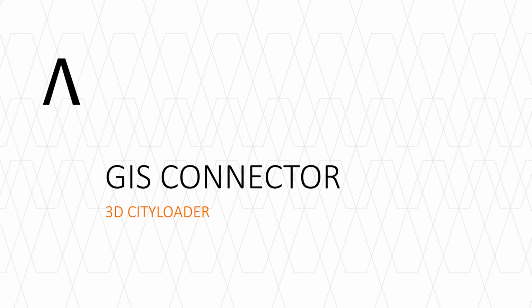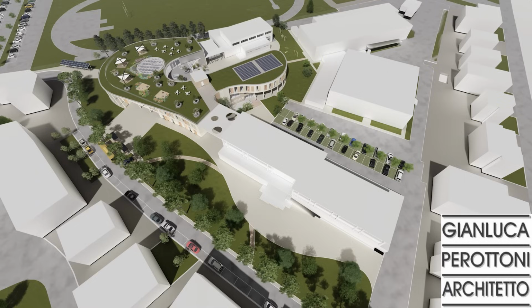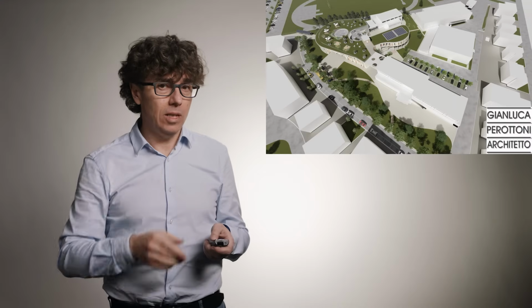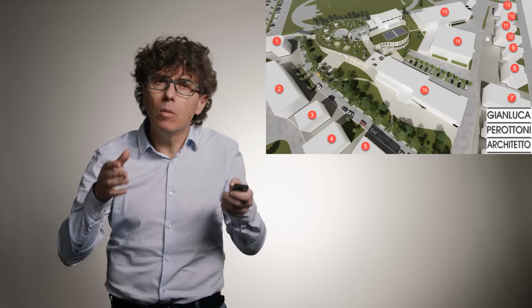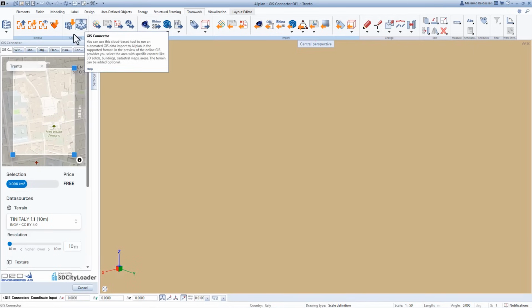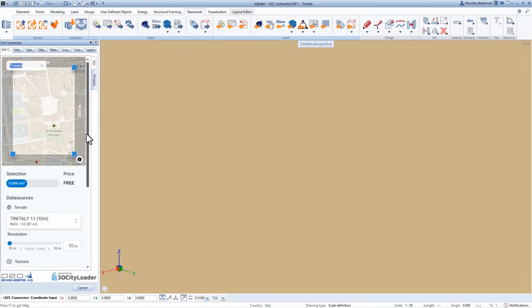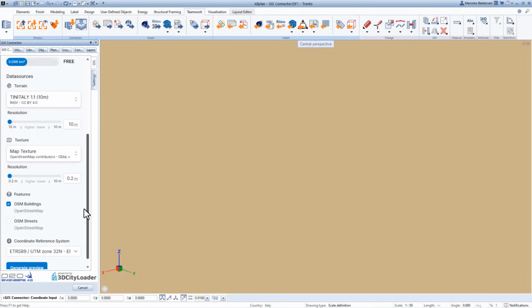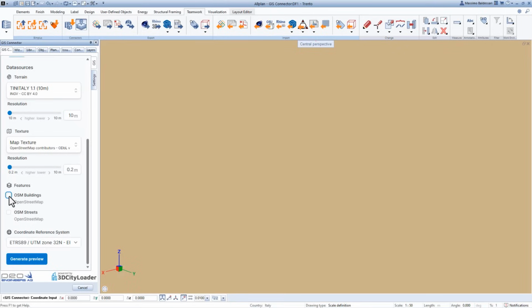GIS data can enhance architectural and urban planning projects by providing a comprehensive understanding of the project environment. The GIS Connector feature allows the direct import of GIS data by using this workflow. First, you select a specific area of interest.